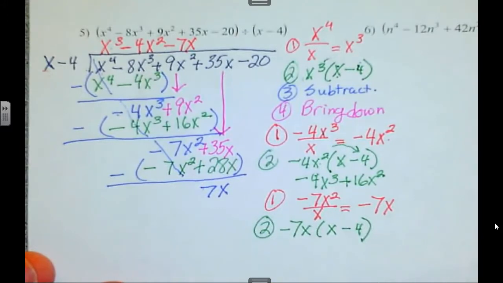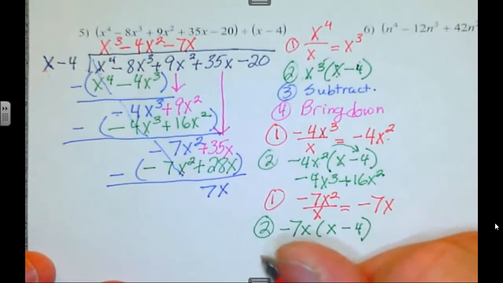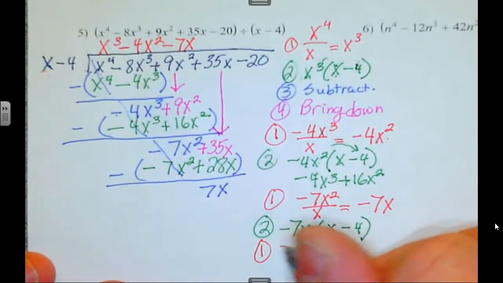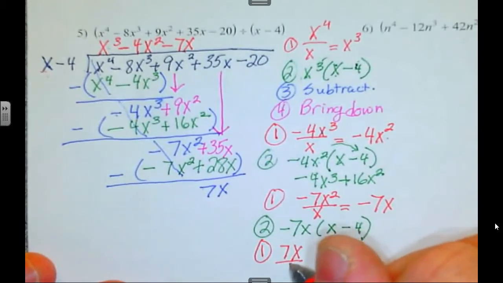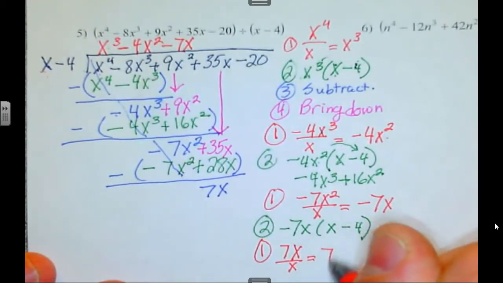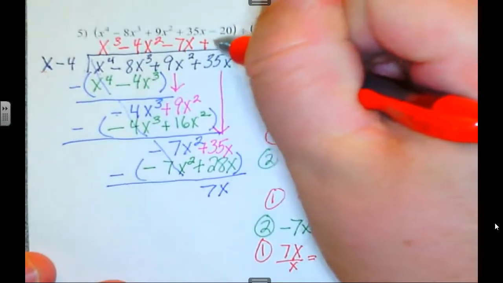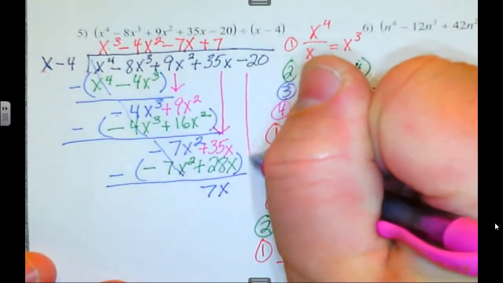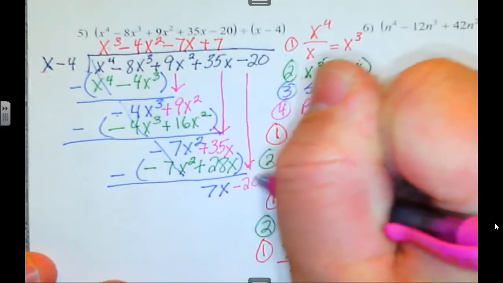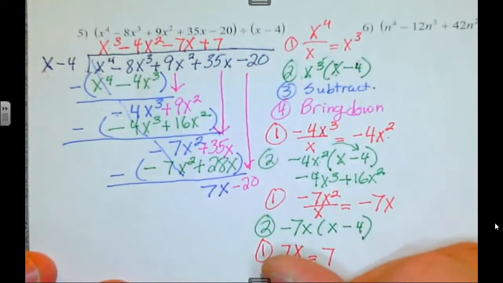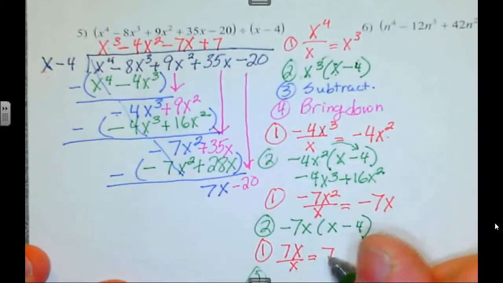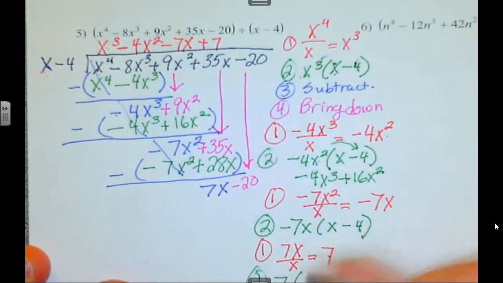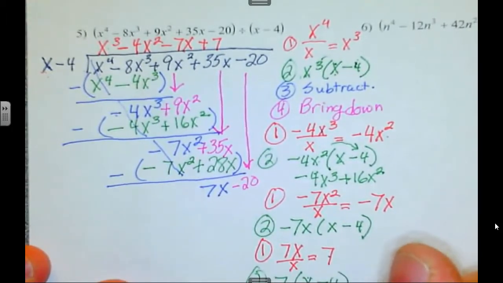We're almost done. We got to do it one more time. Take 7x, divide it by x. I get 7. Oh, I forgot to bring down, yeah. Okay, multiply 7 times my divisor, x minus 4.